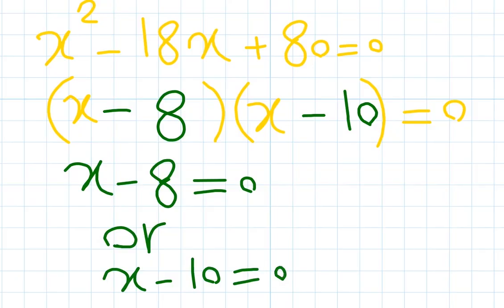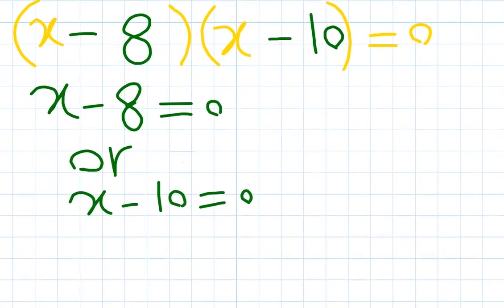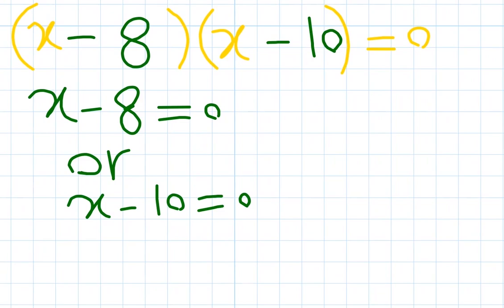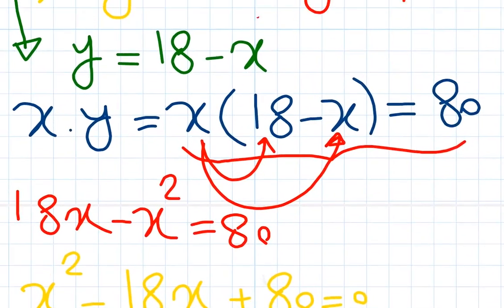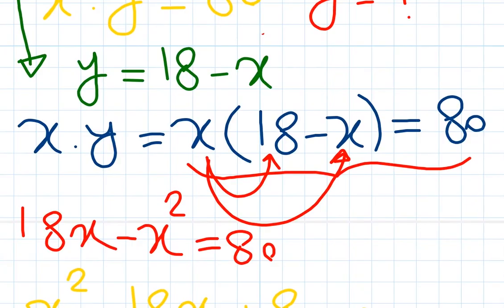Well, I need to clarify my position with these and solve it. From my first expression, I immediately conclude that x equals 8. Well, if x is 8, I can immediately find the value of y. The value of y in the above expression was written as y equals 18 minus x.